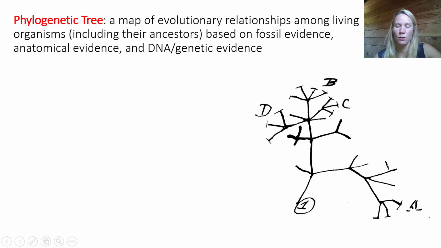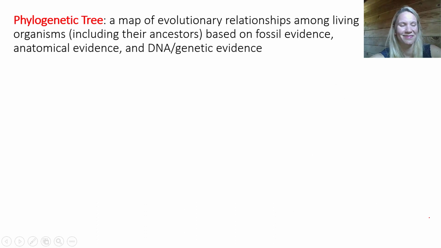Okay, so let's take a look at how we would create a phylogenetic tree today to represent the three domains of life. To do that, I'm going to have to erase Charles Darwin's little tree there and replace it with a modern tree.